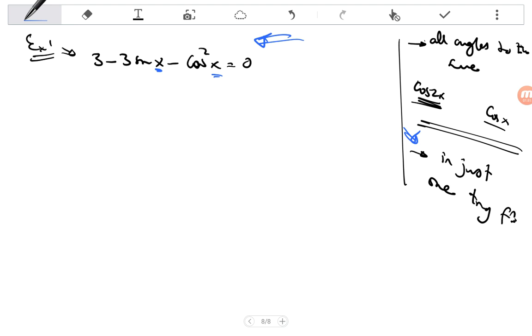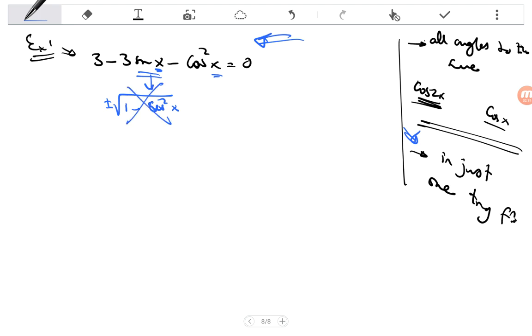Which is easier in this case? Should I express the sine in terms of cosine? If I do that, it will be plus or minus the root of 1 minus cosine squared x. So I'll introduce a root inside the equation which was not there.